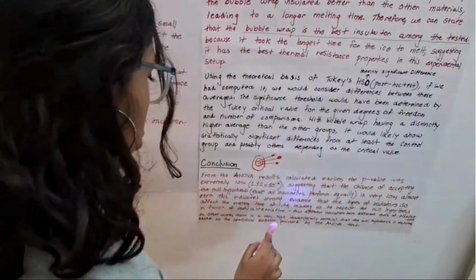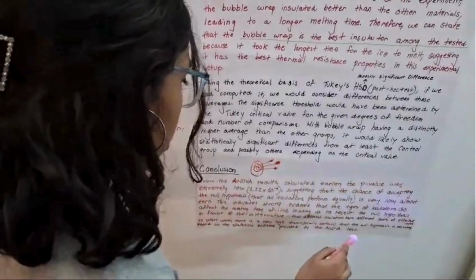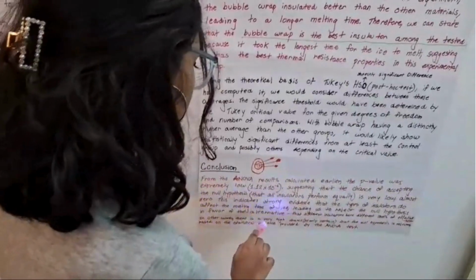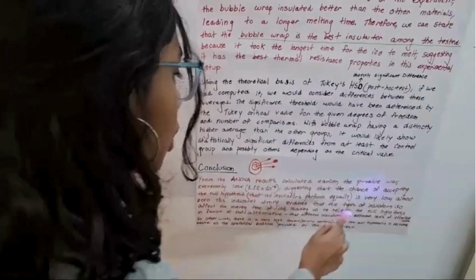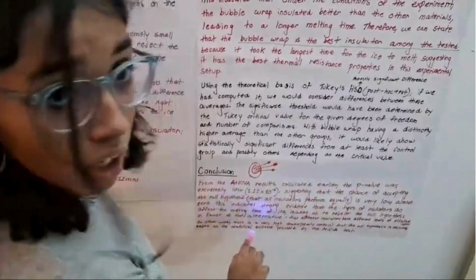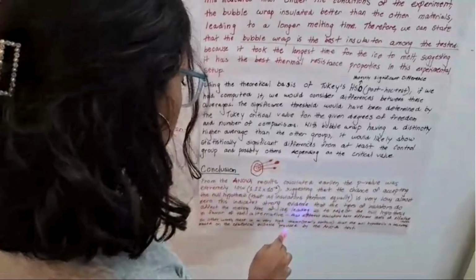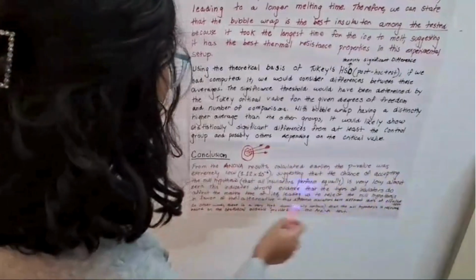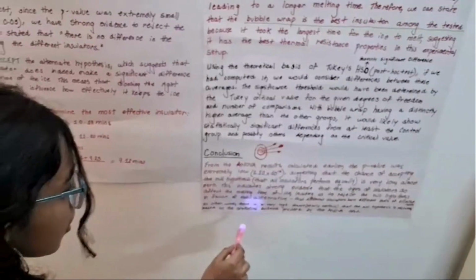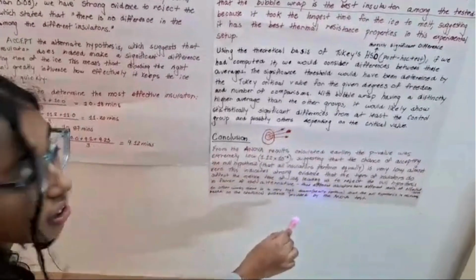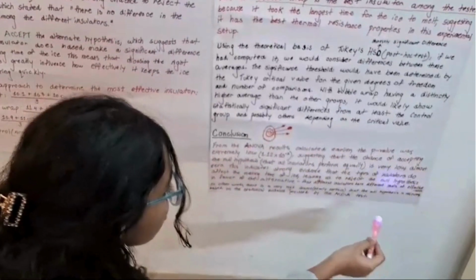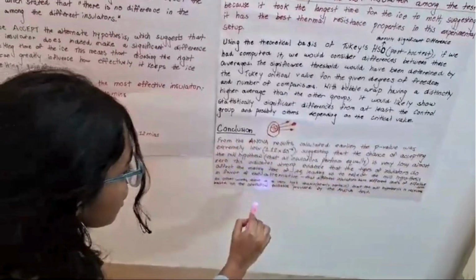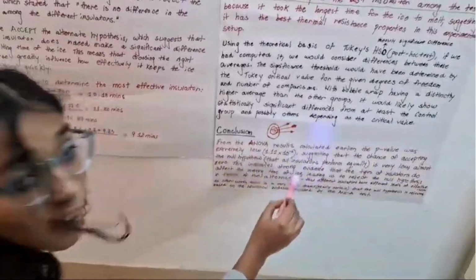This indicates strong evidence that the types of insulators do affect the melting time of ice, leading us to reject the null hypothesis in favor of the alternate hypothesis, which stated that the different insulators have different levels of effectiveness. In other words, there is a very high chance, nearly certain, that the null hypothesis is rejected based on the statistical evidence provided by the ANOVA test.